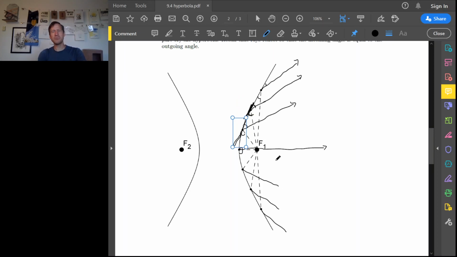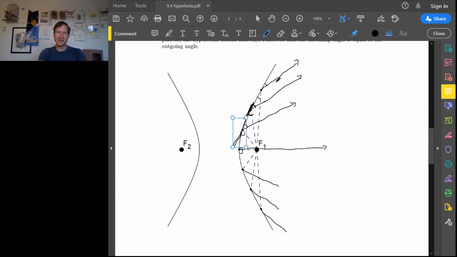Well, if you remember the ellipse, there were 2 foci for the ellipse, and light emanating from one was reflected towards the other. That's definitely not the case for the hyperbola, but it maybe gives us the idea that if light is emanating from one focus, we should think about the other focus when we look at the reflections.